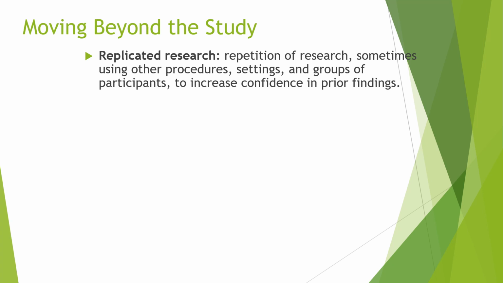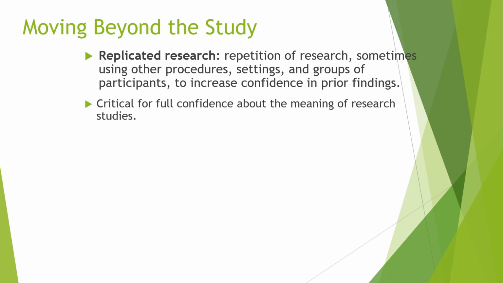You should be able to take a previous study that was done, and if that study was statistically significant and it supported the hypothesis, you should be able to replicate it. And that will then give more confidence to that prior study. Replication is critical in order for full confidence about the meaning of the research studies.